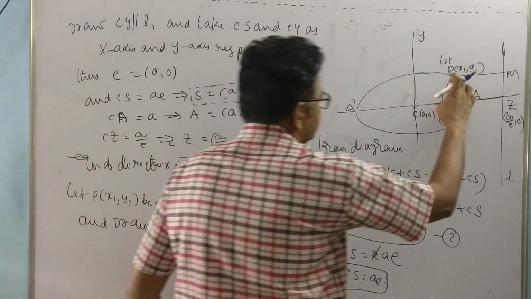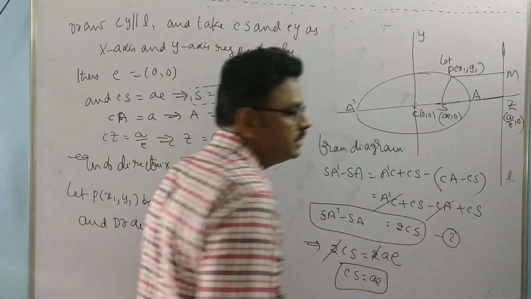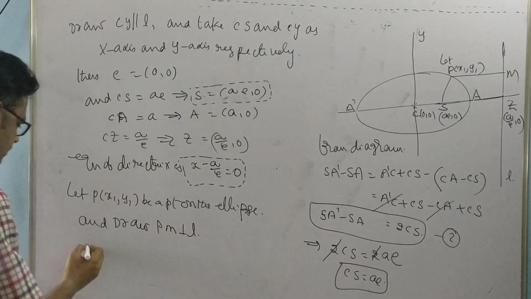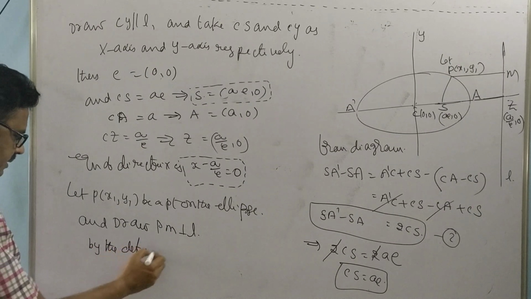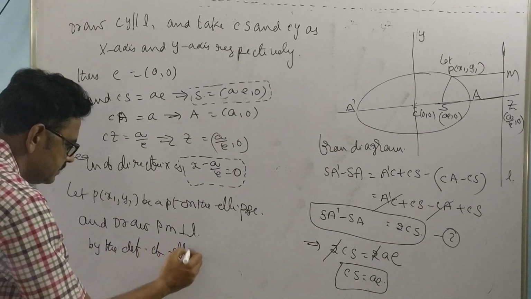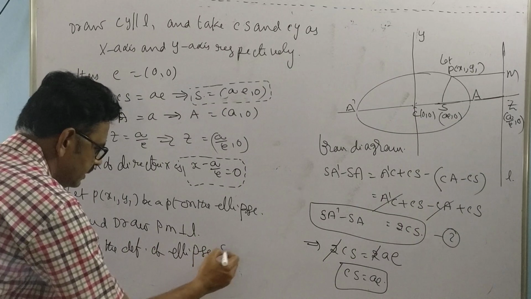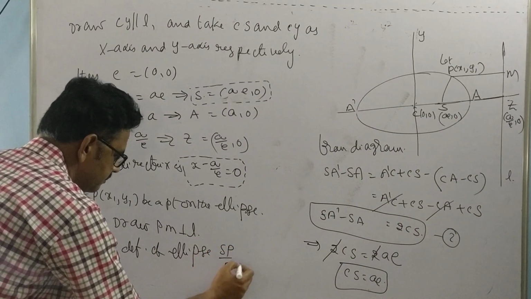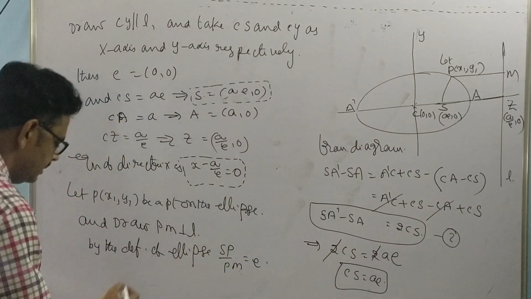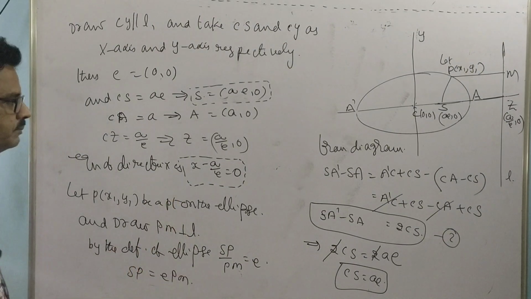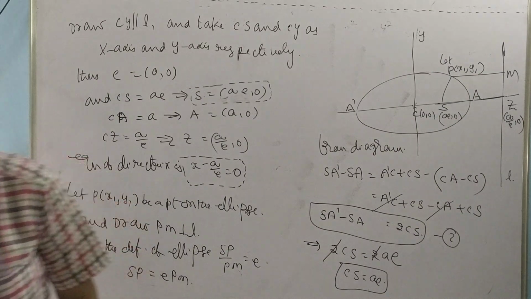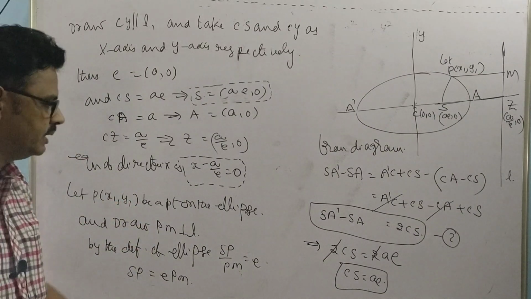Now, by the definition of ellipse, SP by PM is equal to E, which implies SP equals E into PM.